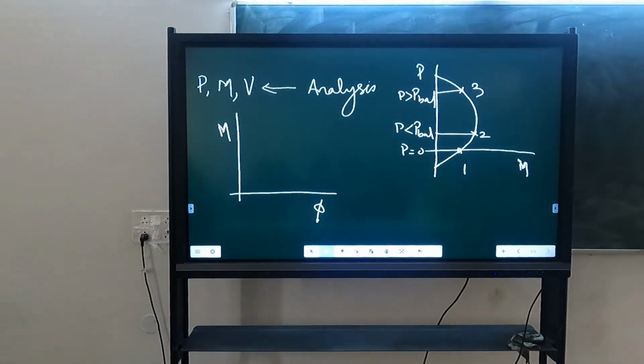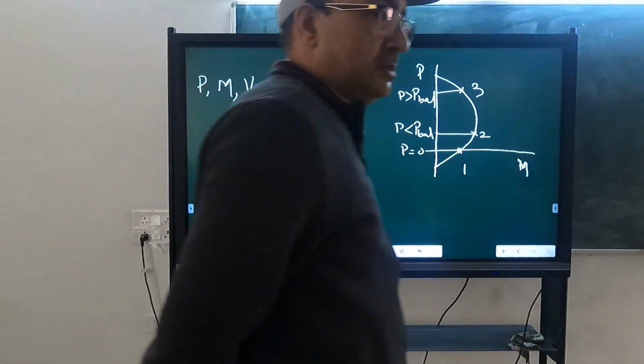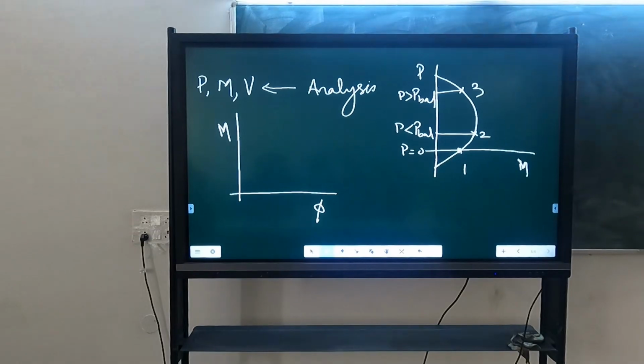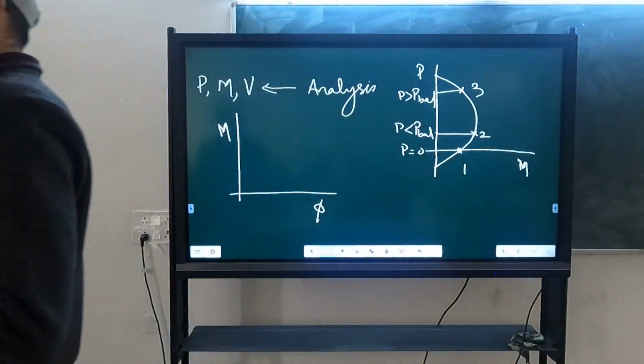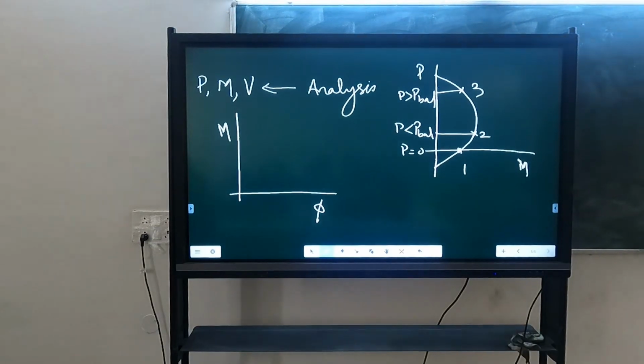Everybody is trying. The qualitative M-phi curve. Suppose you do an analysis. Okay, Tajul has already taught you how to draw the cross section in section designer and plot the M-phi curve.